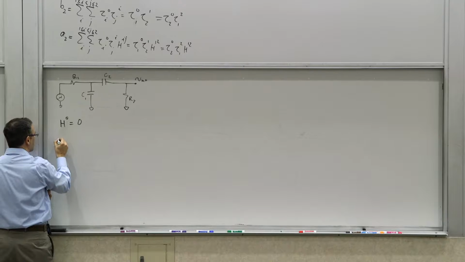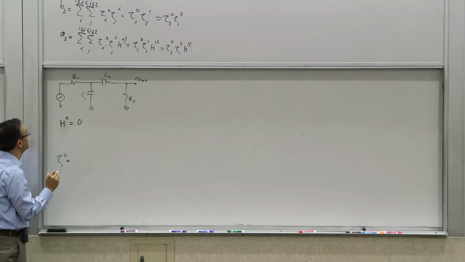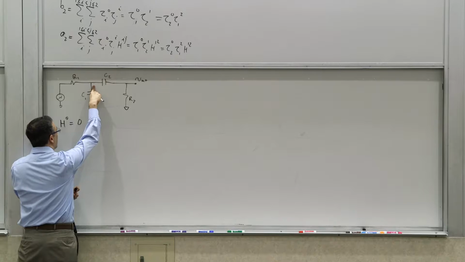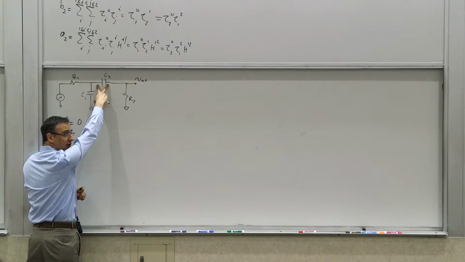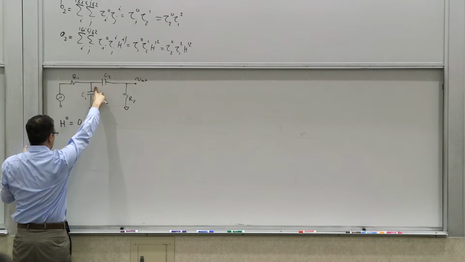Then the time constants. Let's say the ZVTs, zero value time constants. What is tau 10? Tau 10 is determined by the resistance seen by this element when all the other reactive elements are 0 valued. If this is 0 valued, it becomes an open circuit, so this part is detached and this is grounded. What is the time constant?